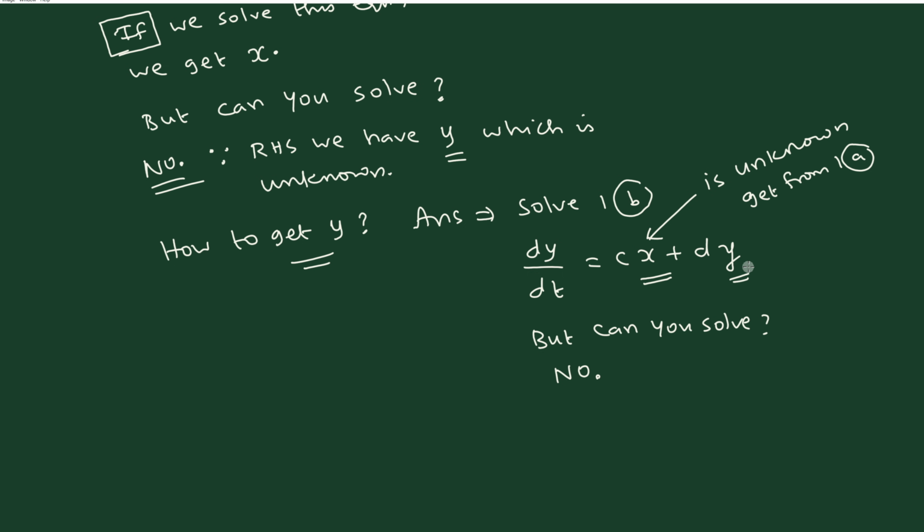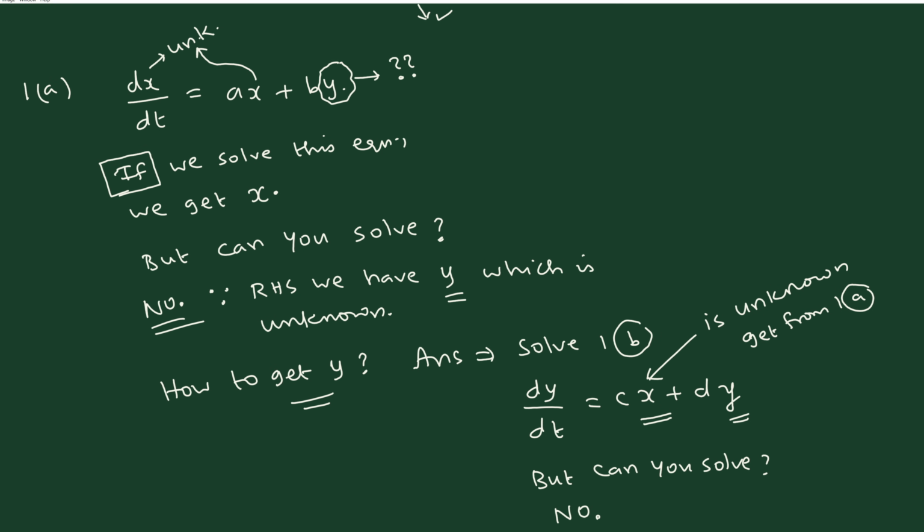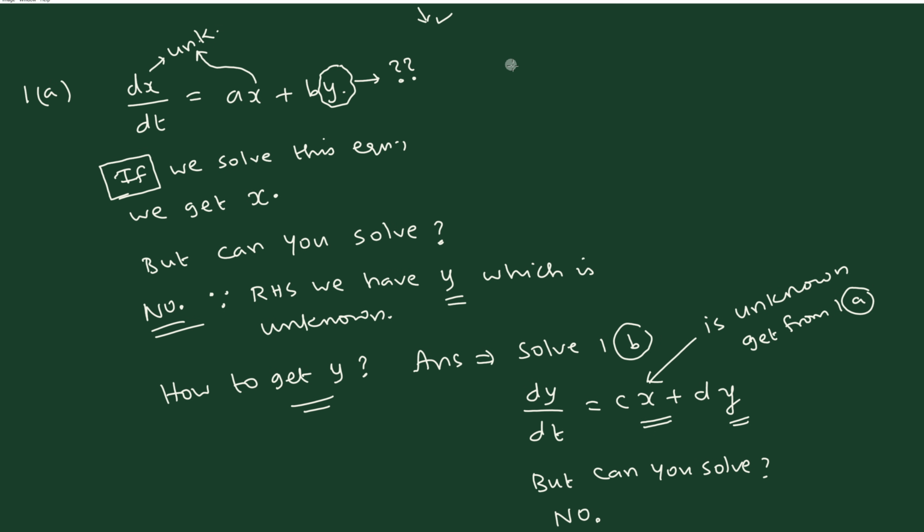We can't solve 1a also, we can't solve 1b also, because one is depending on the other. That one is depending on the other should be clear to you. Is this point clear? Equation 1a depends on y. Equation 1b depends on x.